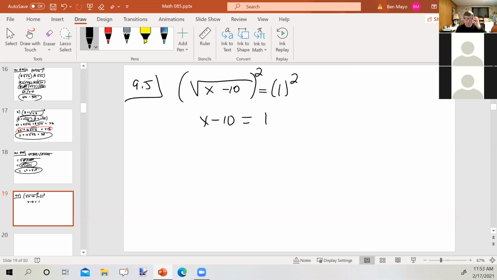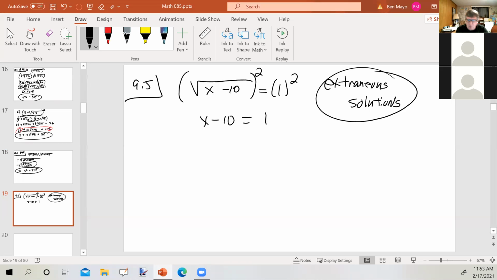Now, whenever we solve an equation by squaring both sides or cubing or raising both sides to the fourth power, etc., there's always the potential to introduce what are called extraneous solutions.